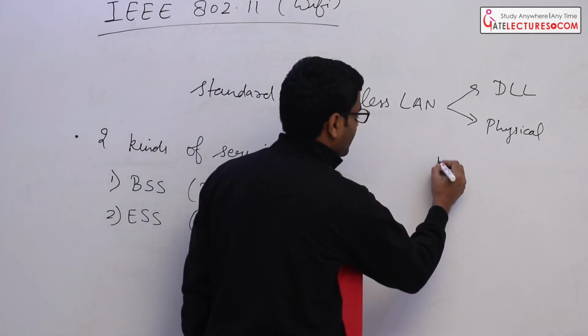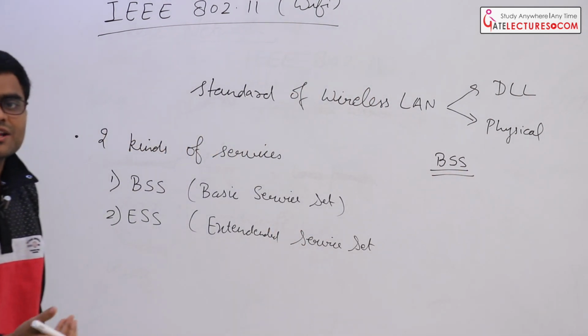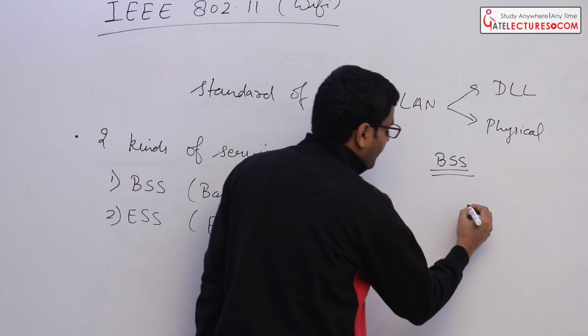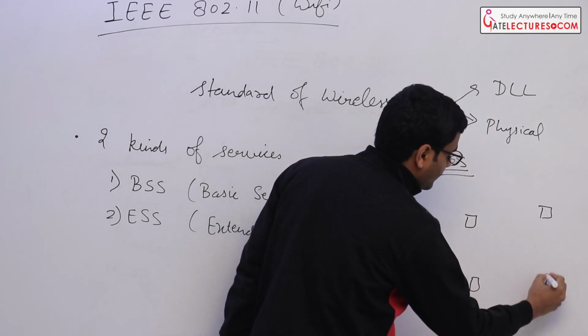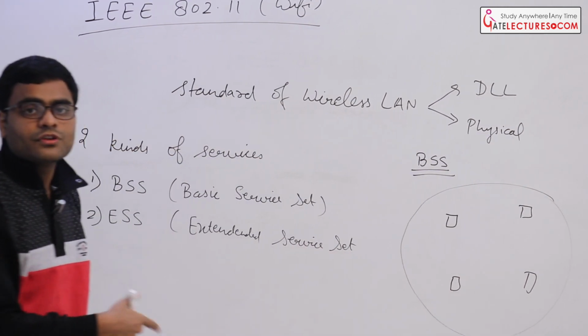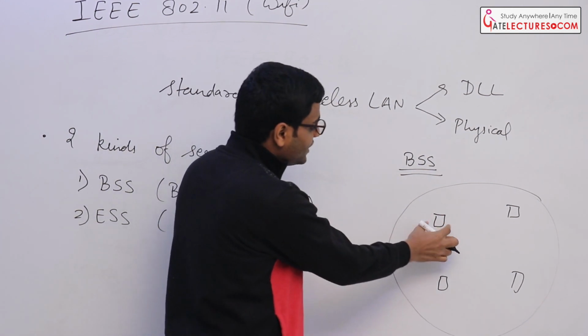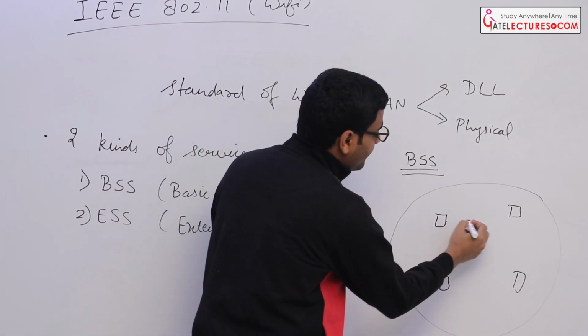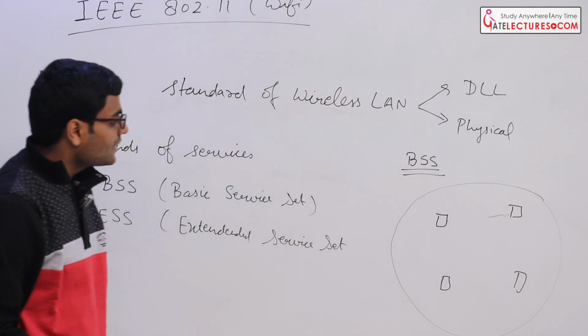BSS is just a unit or a building block. We have multiple stations which can communicate with each other without any wires. So this forms a basic building block. These peers can communicate with each other without wires.